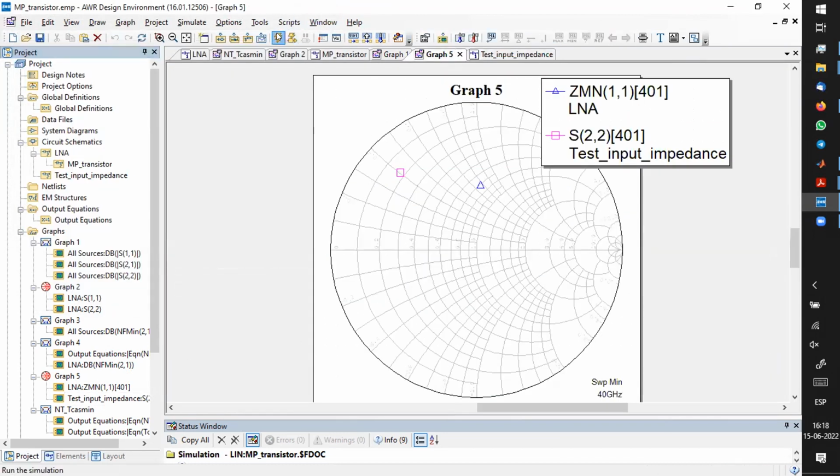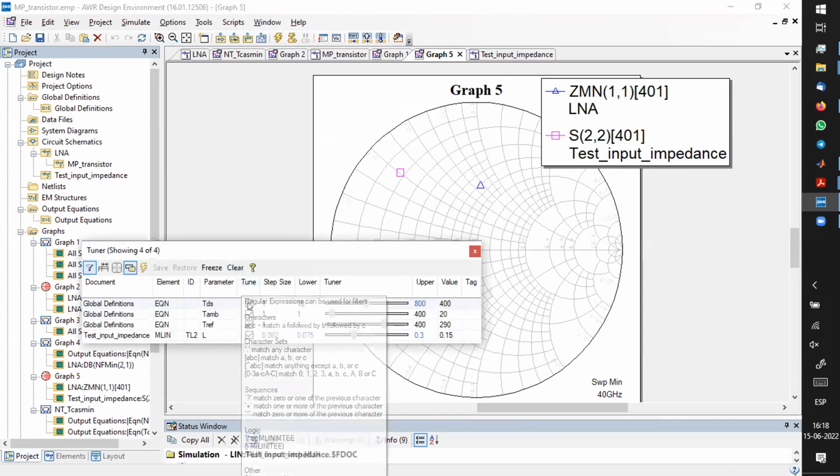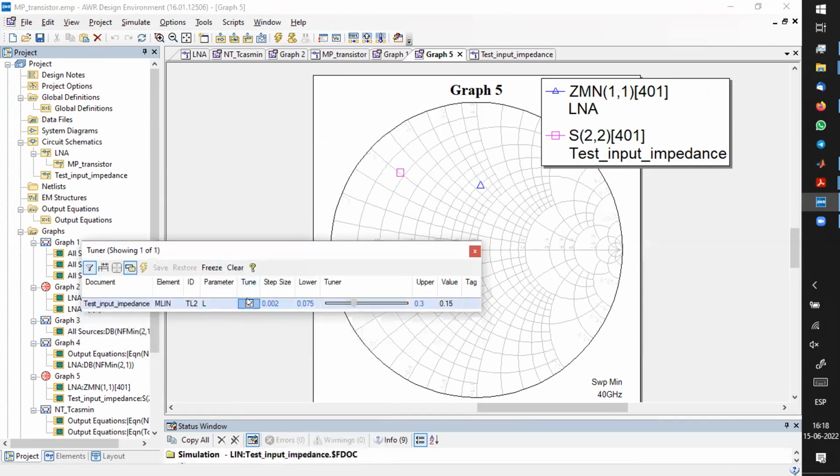Okay. Can you now tune it on the fly? The length of the short circuit shunt. Okay. This is cool. Yeah. So remember, inductor. It would be good to see the slides at the same time.